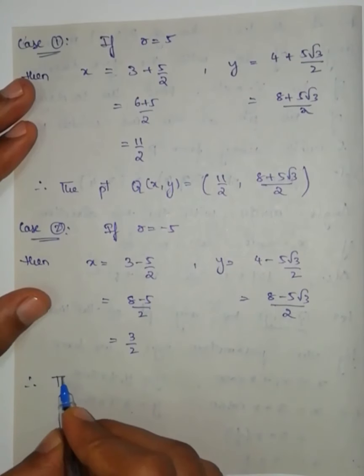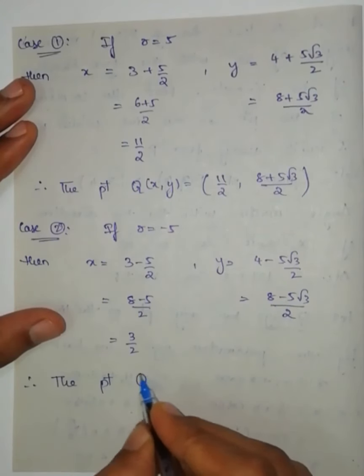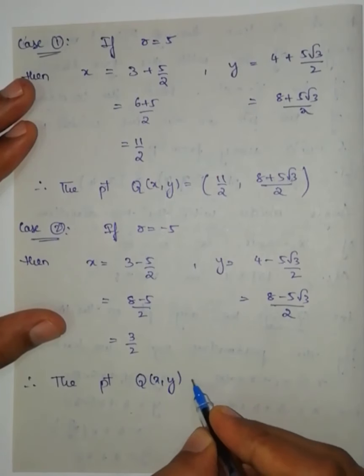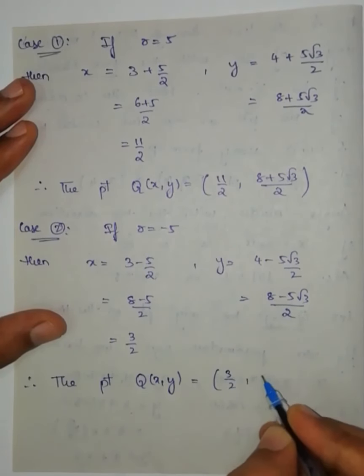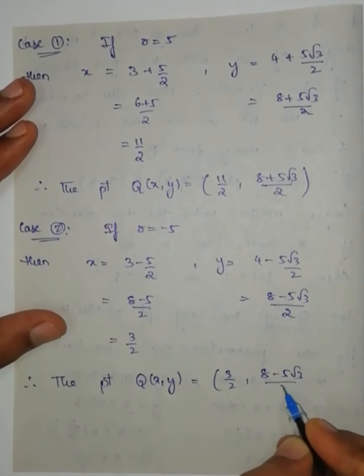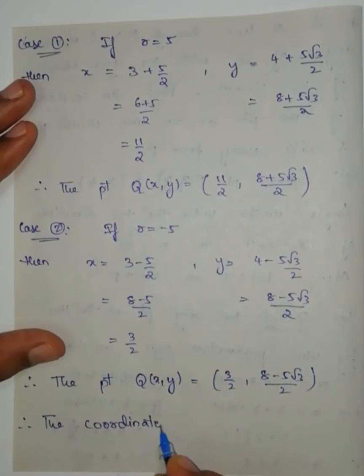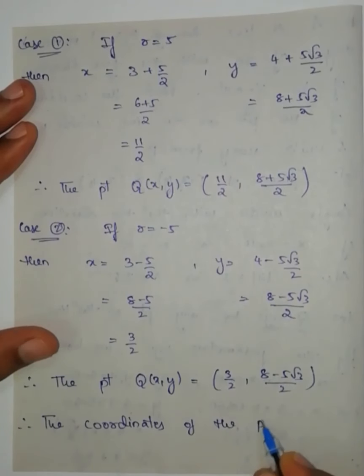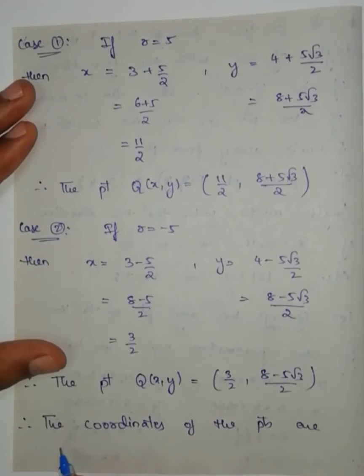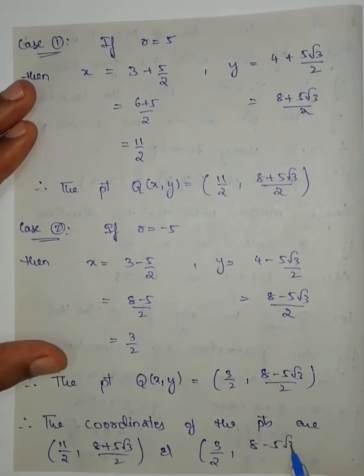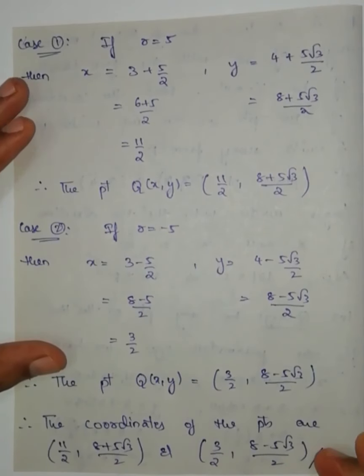Therefore the point Q of x comma y is equal to 1 by 2 comma 8 minus 5 root 3 by 2 in this case. Therefore the coordinates of the points are, first one is 11 by 2 comma 8 plus 5 root 3 by 2 and second one is 3 by 2 comma 8 minus 5 root 3 by 2 is the answer.